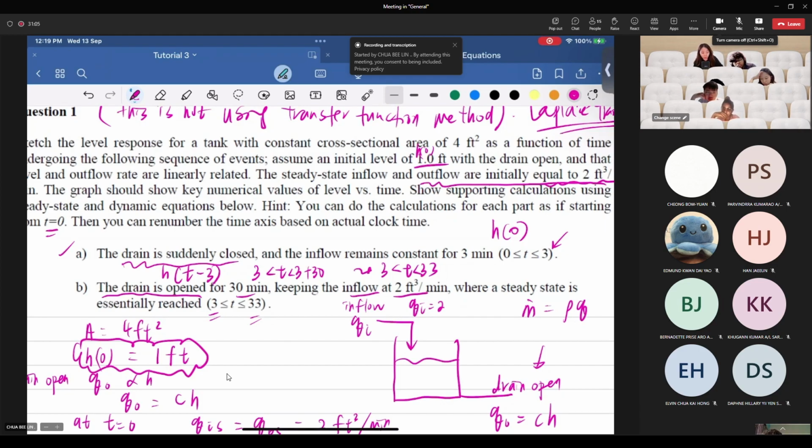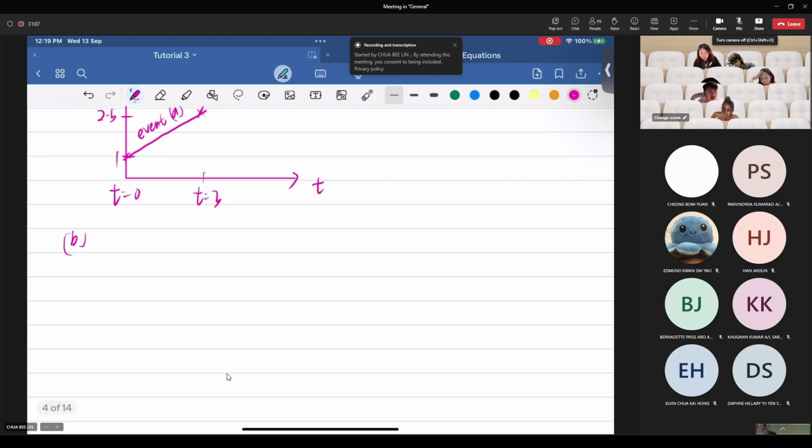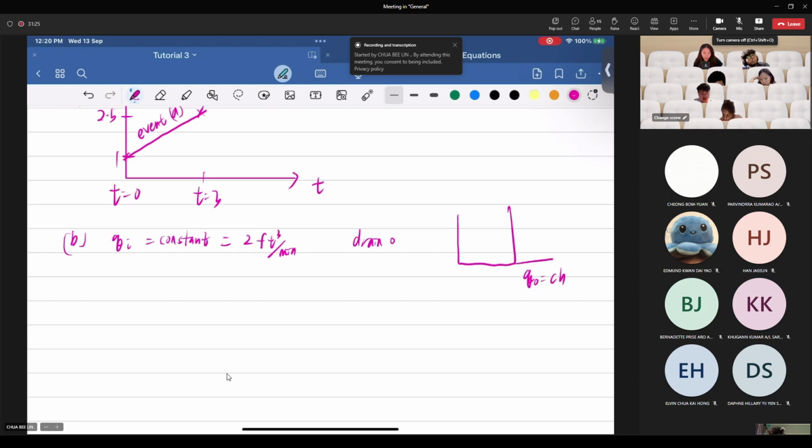So extract information from there, you'll be having event B. Your Qi is still constant, and the value is 2 cubic feet per minute. And now the drain is open, meaning that you'll be having Q0 equivalent to C times H. You can copy the information from just now from the question: during steady state, this value, 2 cubic feet per minute, is given.